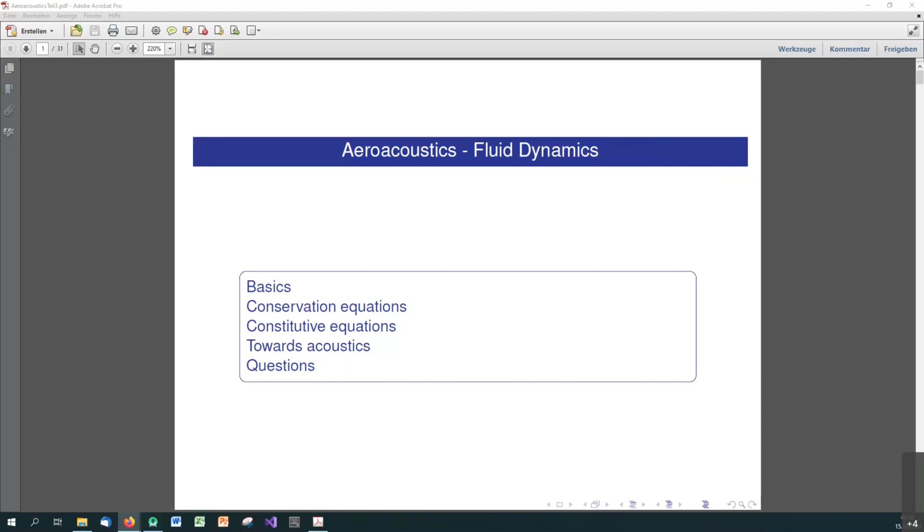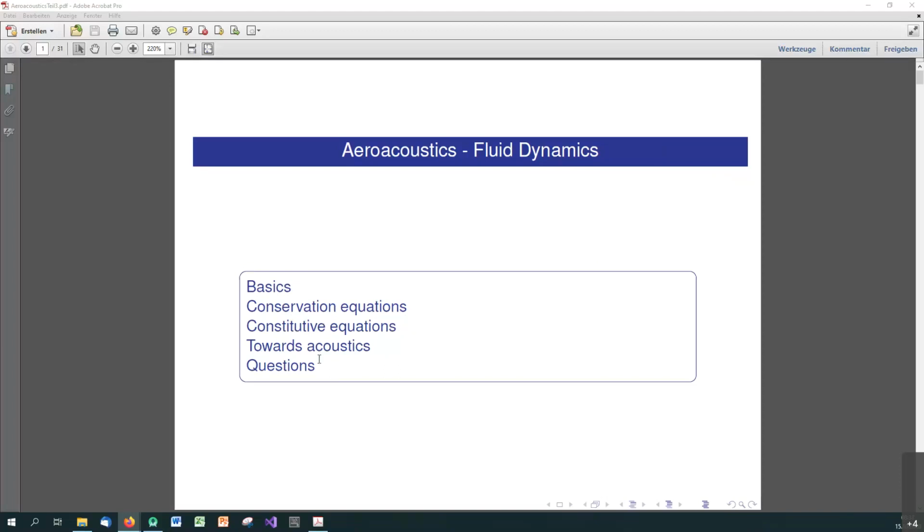Before we start, here is what we will cover in fluid dynamics. First, we will cover some basics, then the conservation equations, then constitutive equations, which relate different field properties, like the strain and the stresses.